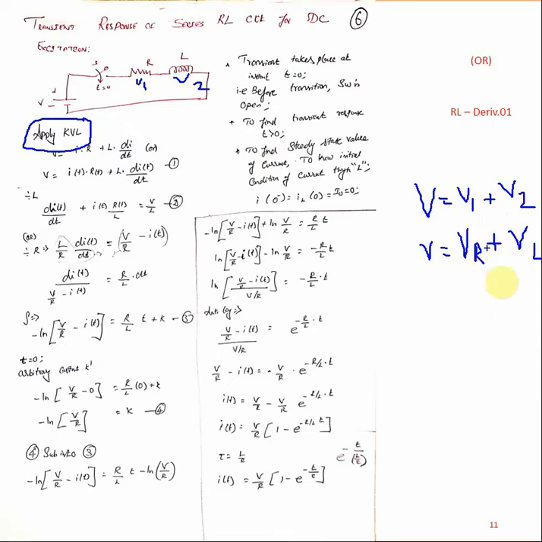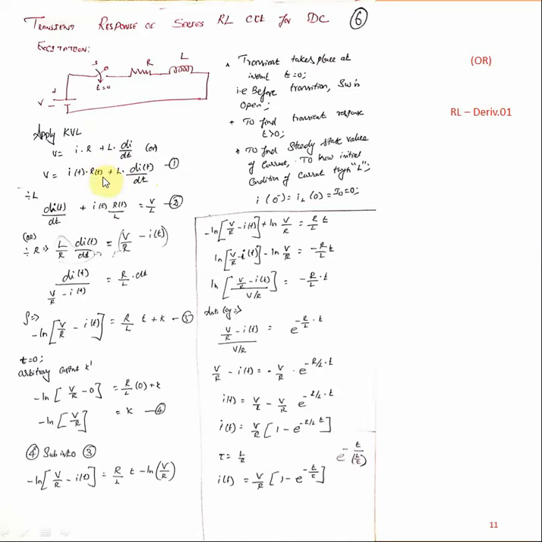Substituting, VR is I into R, and VL is L dot di by dt. So V equals I R plus L di by dt. You can write it directly, or I will write it with respect to the t term.